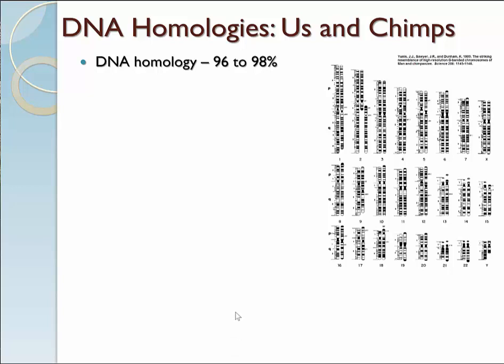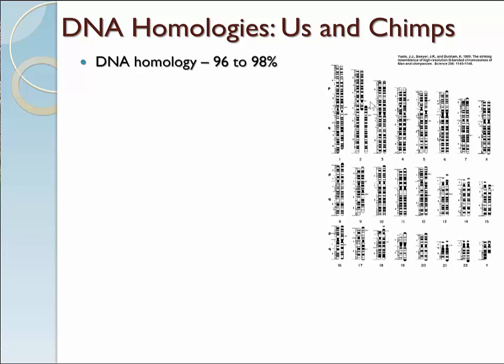Let me just explain what you're looking at here. Here are our 23 pairs of chromosomes next to the chromosomes of chimpanzees. Chimpanzees have 24 pairs of chromosomes, whereas we have 23. That would seem to be a big difference.